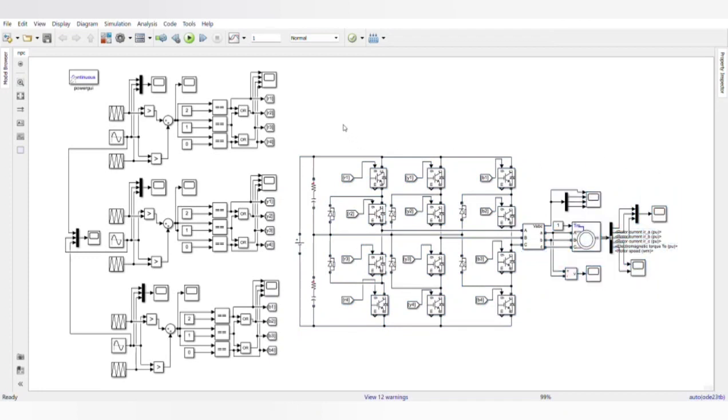Now let us discuss the components or blocks that are used in the control circuit. The first one is a repeating sequence, which is used as the carrier signal to generate the PWM waveform, and the other one is the sine wave, which is used as a modulating signal.